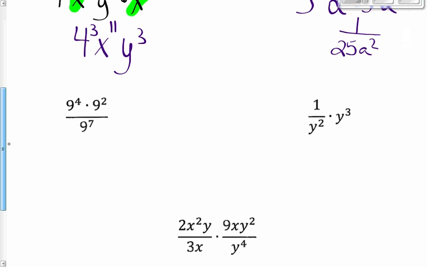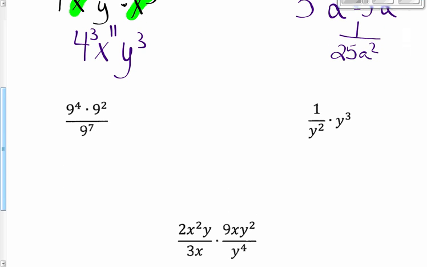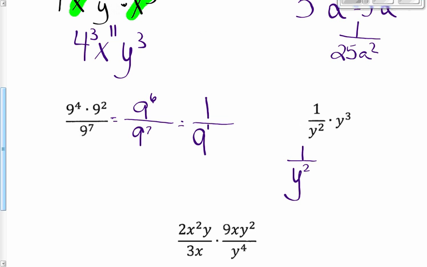All right, over here, before we divide, we're going to do our multiplying theorem first. So 4 plus 2 is 6, and then 7. So 6 minus 7 is negative 1. Since I don't want a negative exponent, I'm going to put it underneath 1. Now over here, I'm just going to rewrite this as y squared times y to the third.